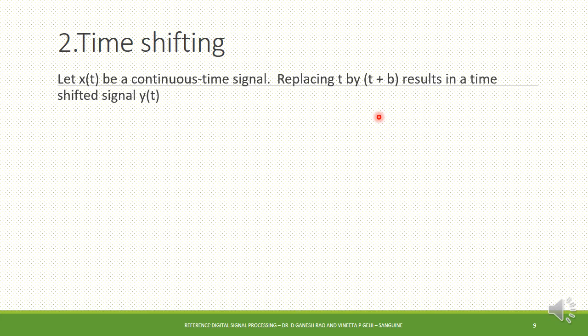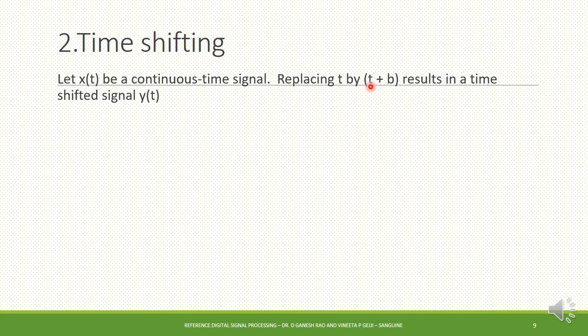Understood? For example, I said I will reach the college in 10 minutes, but I reached after 15 minutes. Then 5 minutes is the shift. That 5 minutes is the b, and 10 is the t.